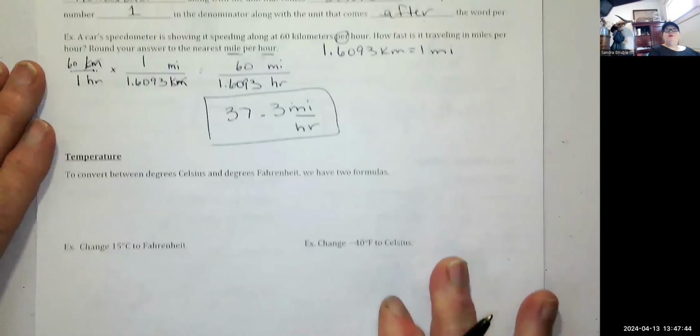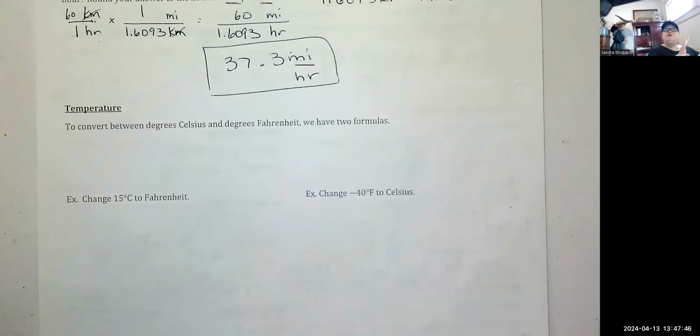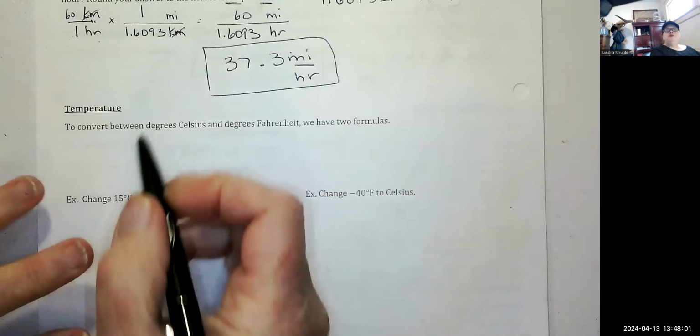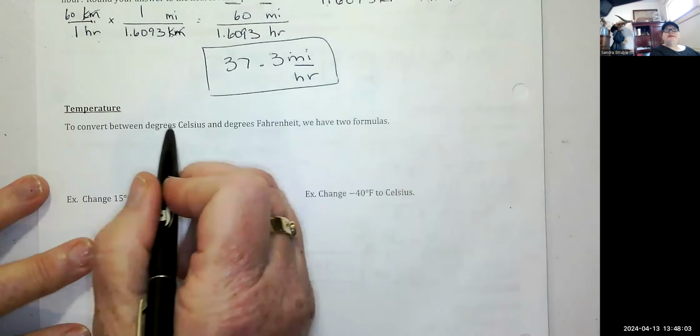All right. Let me know what questions you have regarding anything we've covered so far. Now I'm going to give you 2 formulas to convert from Celsius to Fahrenheit or from Fahrenheit to Celsius.